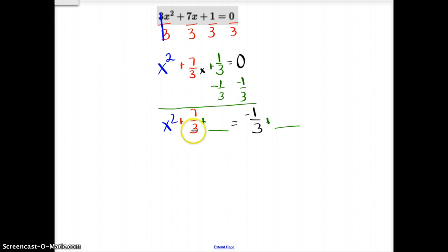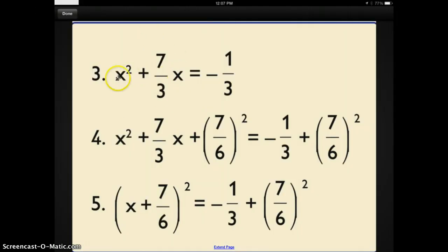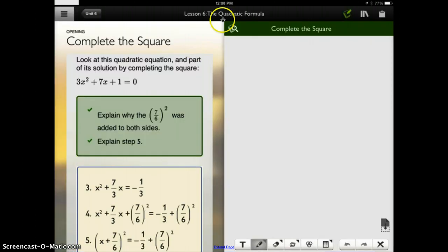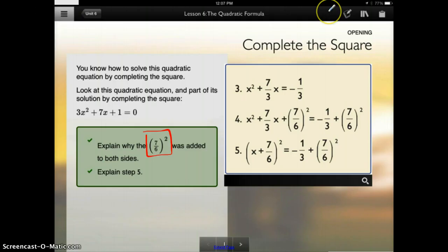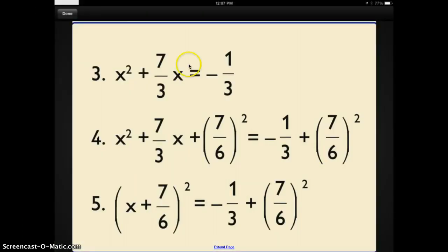Okay, so remember it's asking us, so this kind of looks like step 3. x squared plus 7/3 x equals negative 1/3. That looks like what we have here, x squared plus 7/3 x, plus blank. Now in this blank space, they added this 7 over 6 squared.